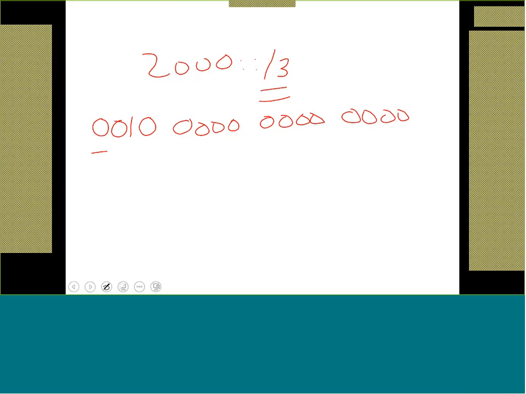The first 3 bits are fixed. That's what the /3 means. The first 3 bits are always 001.